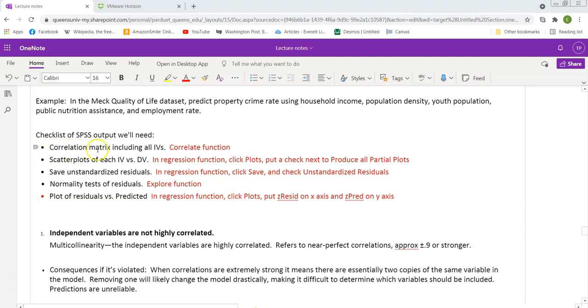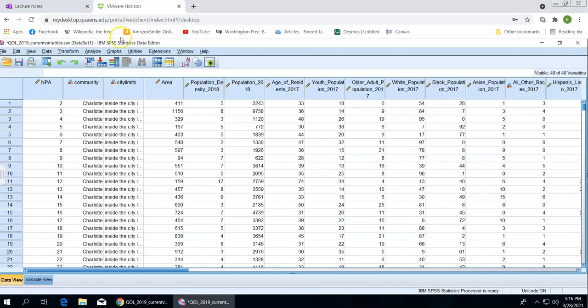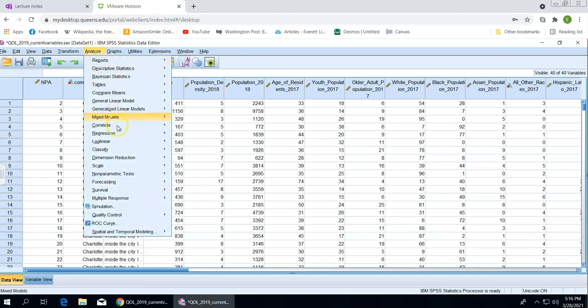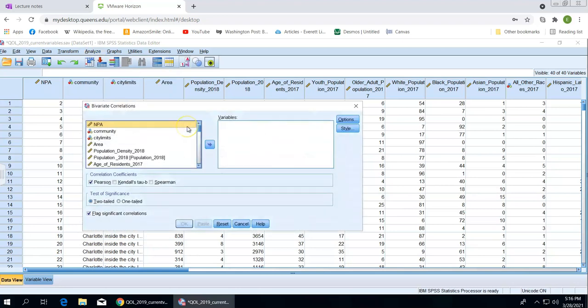To start with, we need our correlation matrix, which includes all of the independent variables, not the dependent, just the independent. So we're going to go over to, just like we've done before, Analyze, Correlate, Bivariate.